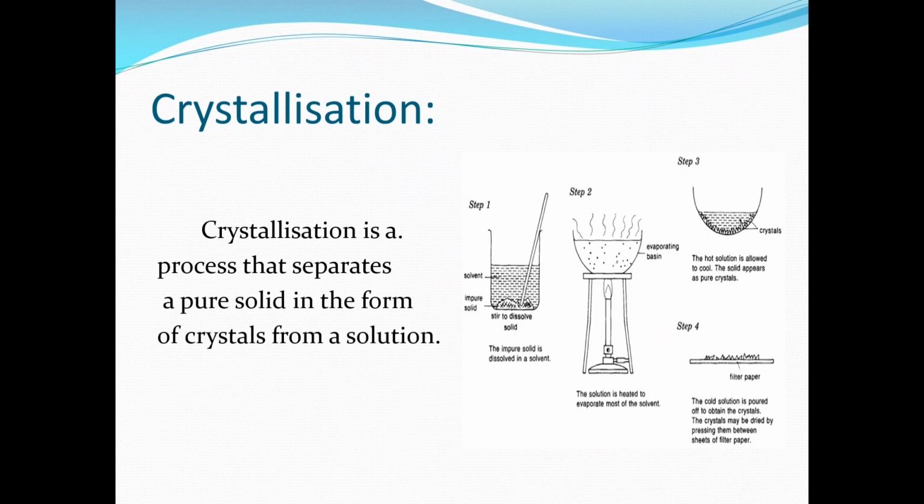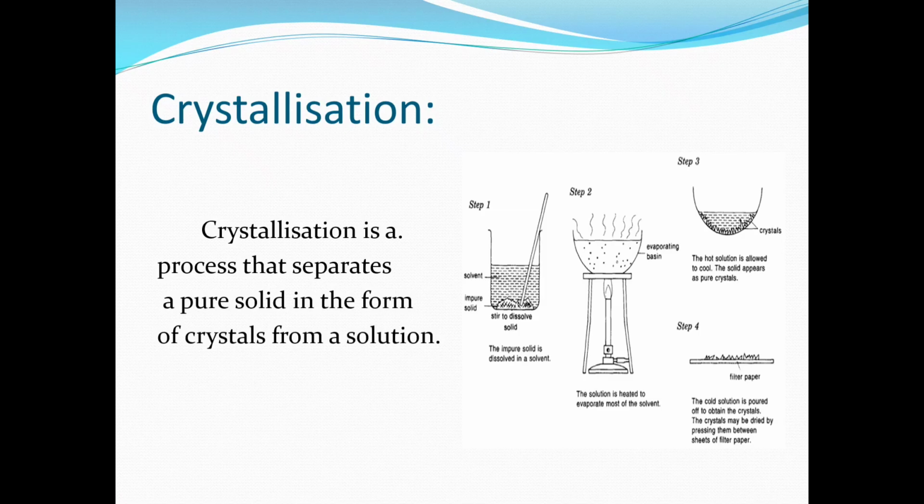Now we will learn about what is meant by crystallization. The process of crystallization is mainly used for the separation of pure from impure. Most substances are impure, that is, some impurity will be present, and in order to get that substance as pure, we will use the process of crystallization.